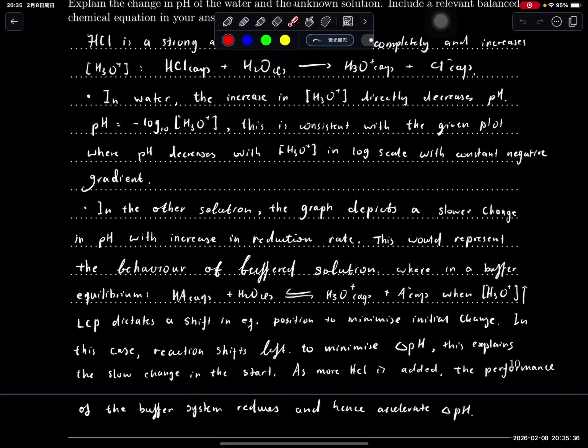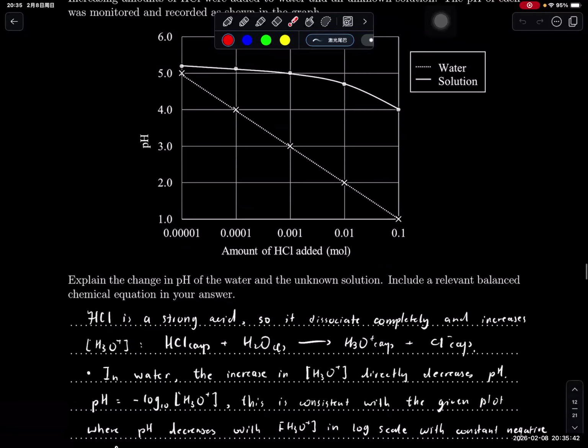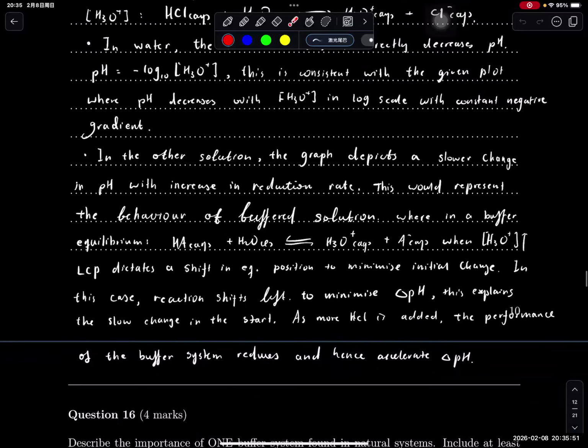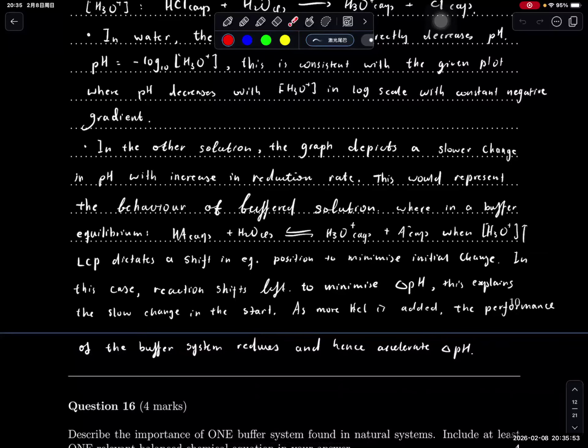And then the other solution you're supposed to guess. I don't think it's that hard to guess that it's a buffer solution, seeing that the pH doesn't even change much initially. So in the other solution, the graph depicts a slower change in pH with increasing HCl. This corresponds to the behavior of a buffered solution, where in a generic buffer equilibrium, when you increase acid, LCP dictates that the equilibrium shifts position to minimize the change.